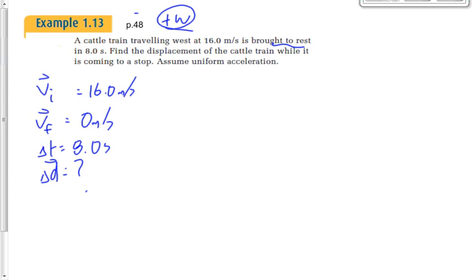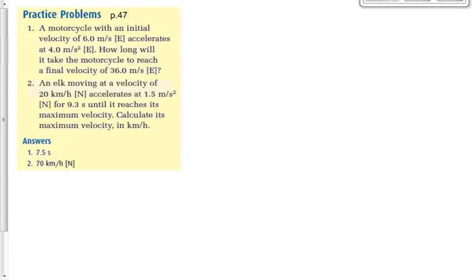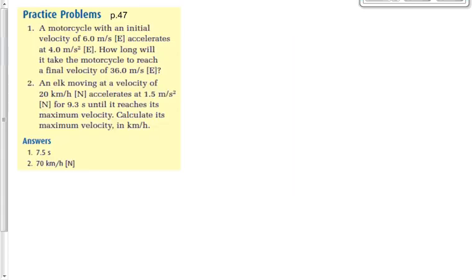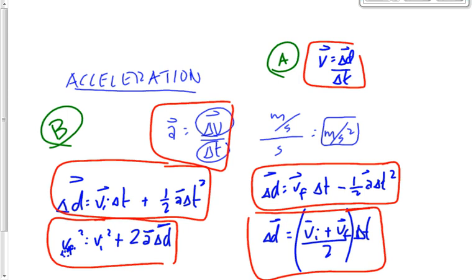So we go back to our group B equations. We know we use group B, and we identify that because it involves acceleration. Let's see which one fits best now. Remember, we got VI, we got VF, we got T, we want to find D. Which of my group B equations looks like it might fit those givens best?